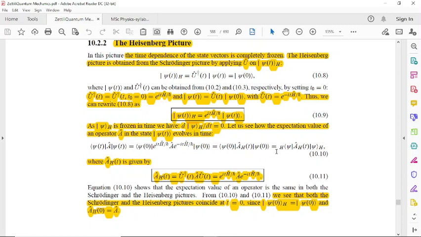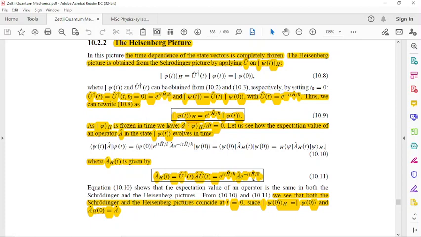So finally, we can write bra psi H, where H denotes the Heisenberg picture, A H of t, ket psi in the Heisenberg picture, where A H of t is given by U dagger of t, A, U of t, that is e power iHt by h cross A e power minus iHt by h cross.